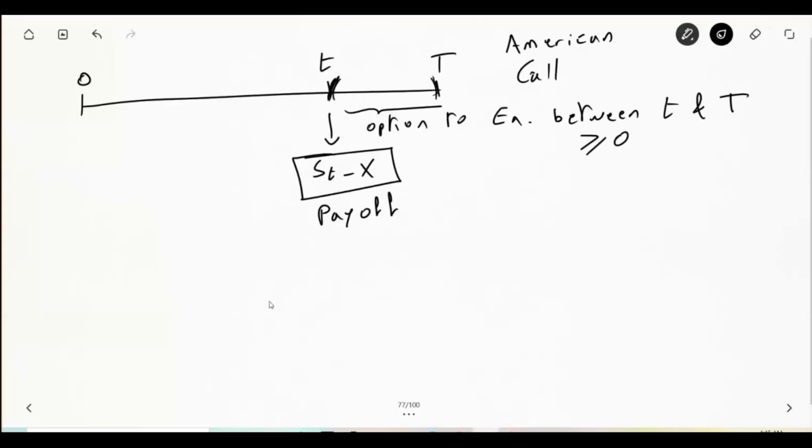So if you exercise early, you will get ST minus X, and you will lose the value to exercise between time lowercase t and the expiry date capital T.